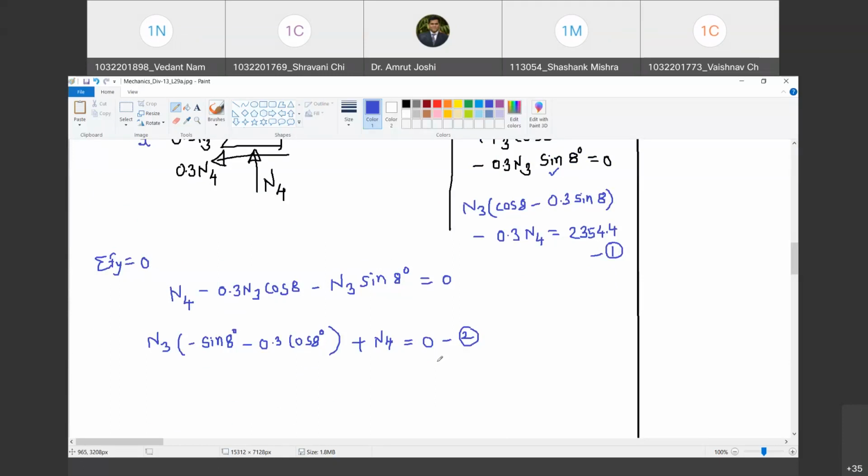In the second equation you have minus sin of 8 degree, then minus 0.3 into cos of 8 degree, then 1 and then 0. So how much did you get?